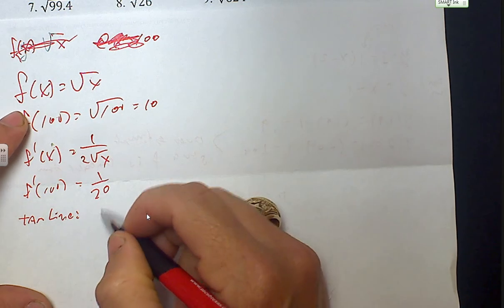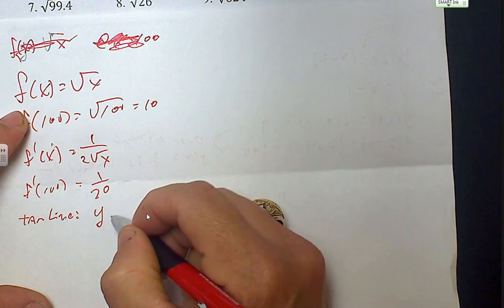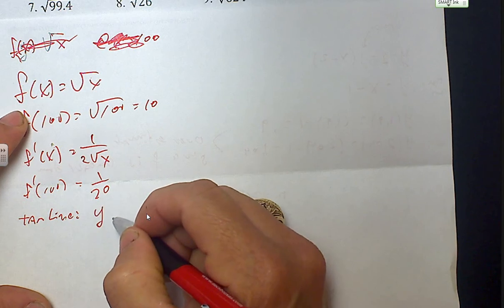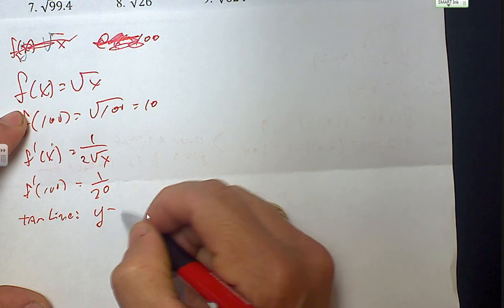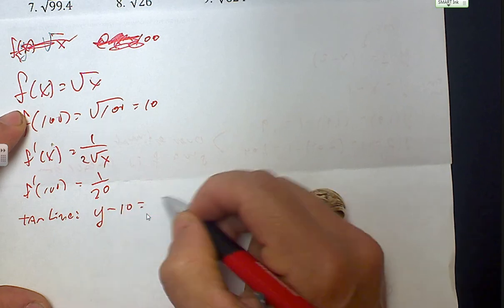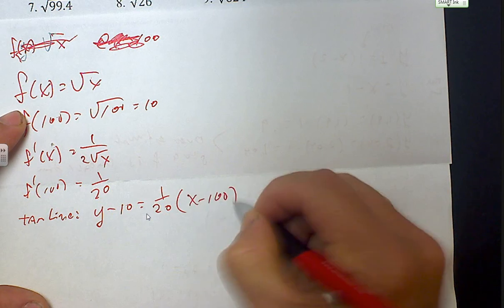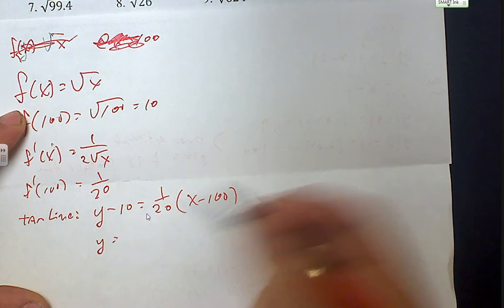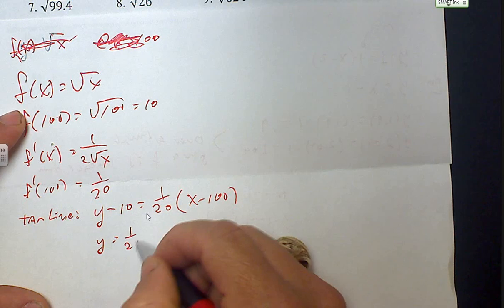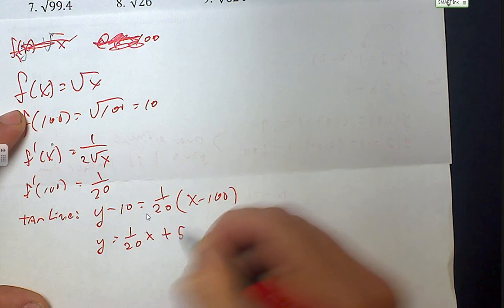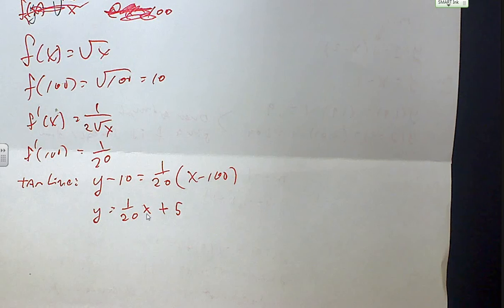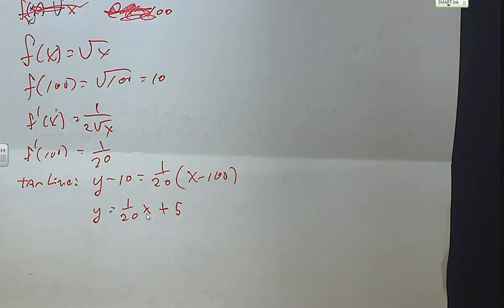My tangent line equation is y minus 10 equals 1/20 times x minus 100. Simplify from there, and use that to approximate 99.4.